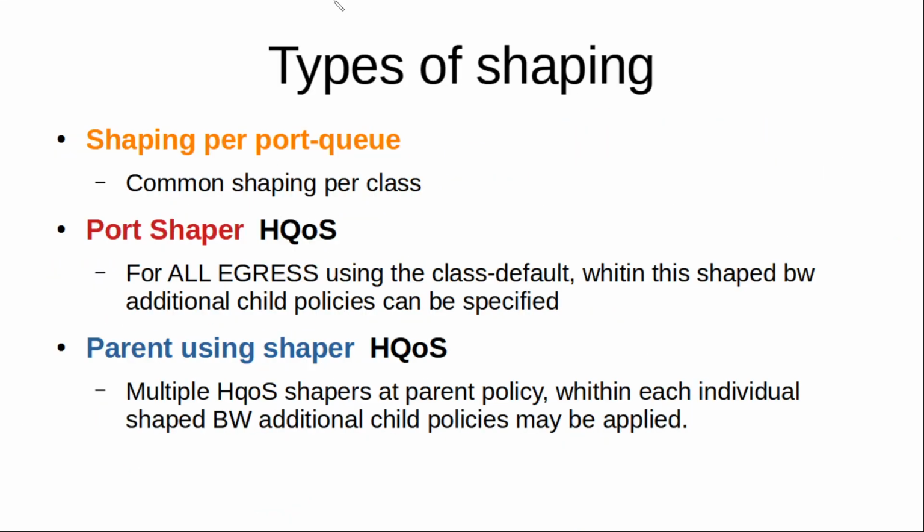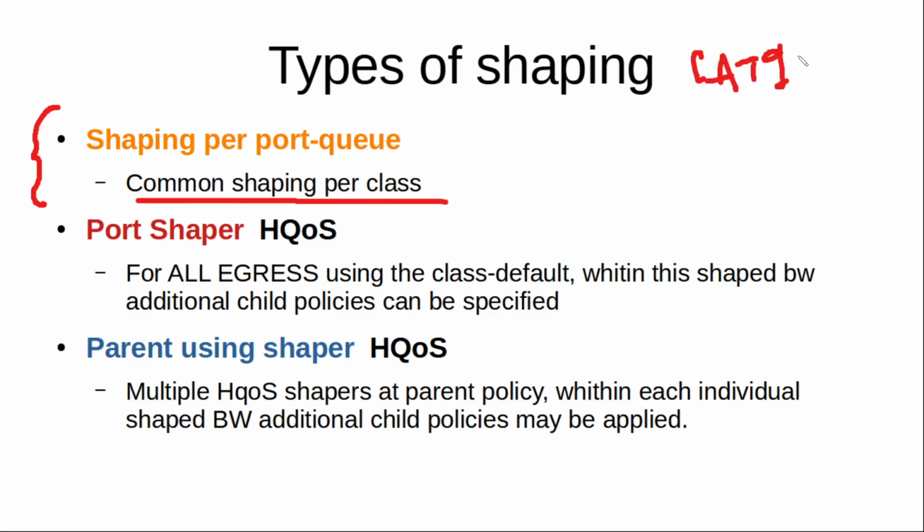So we have several types of shaping. This is what we have been using historically: shaping per queue. So you will be creating shaping per class. We're going to see an example of this. So shaping per queue is the typical shaping.